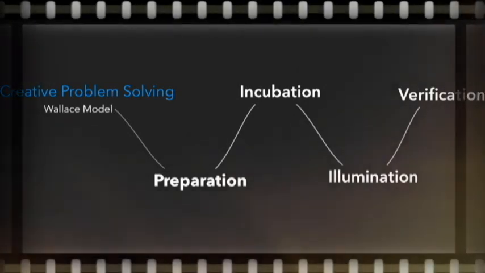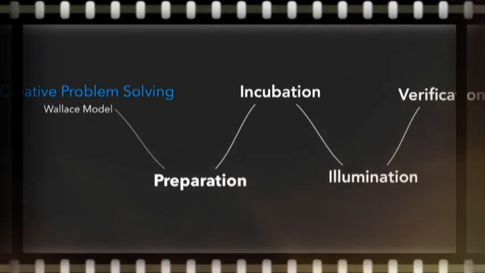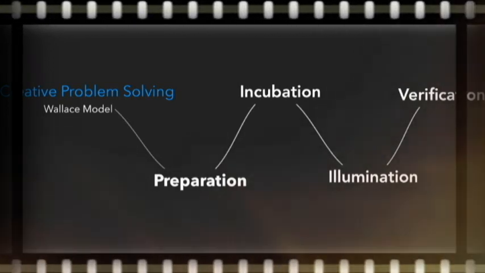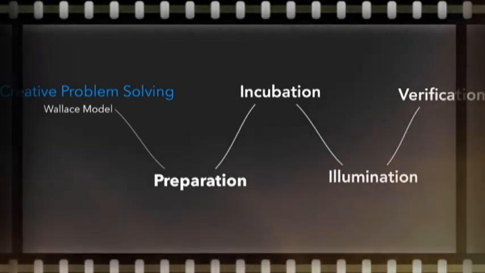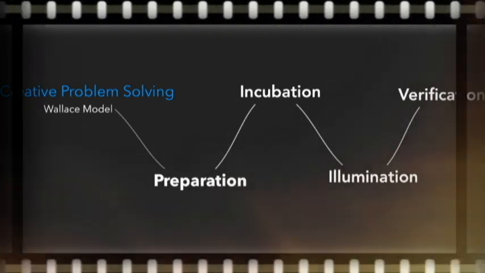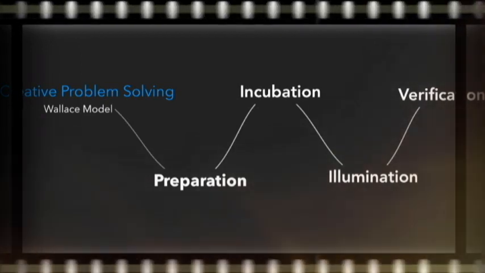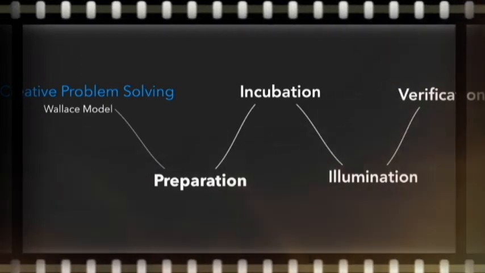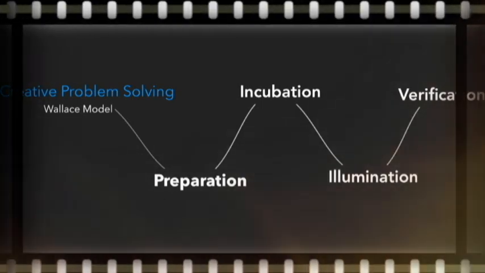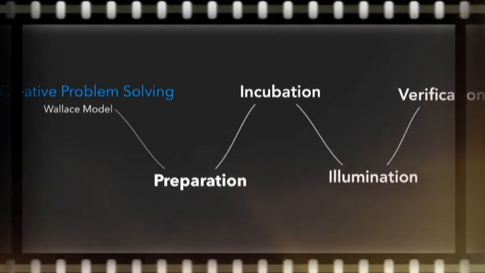But when illumination happens, it usually comes after a period of incubation. The illumination comes when the unconscious mind is finally coming up with the solution, and it then illuminates it to the conscious mind. It's like it pulls back a curtain and there's the answer just sitting there.